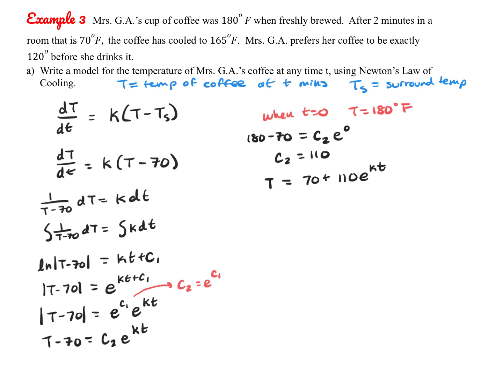But we still need to find that constant of proportionality. So we can use that other piece of information that we were given. We were told that after 2 minutes, so when t equals 2, the temperature of the coffee is 165 degrees Fahrenheit. So we could substitute that information in, with 110 times e to the power of 2k, and we could keep solving from there.